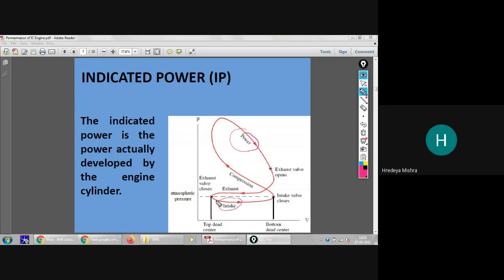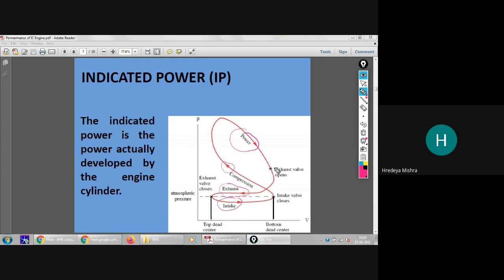In the intake stroke this is negative, meaning power is consumed here. In exhaust there is no need of power, exhaust is automatic. But in compression power is required, and this is your power stroke.